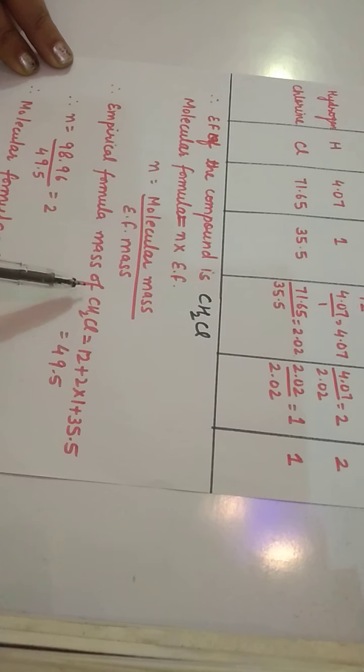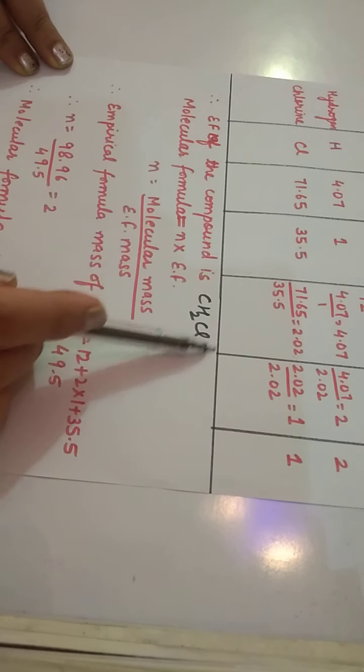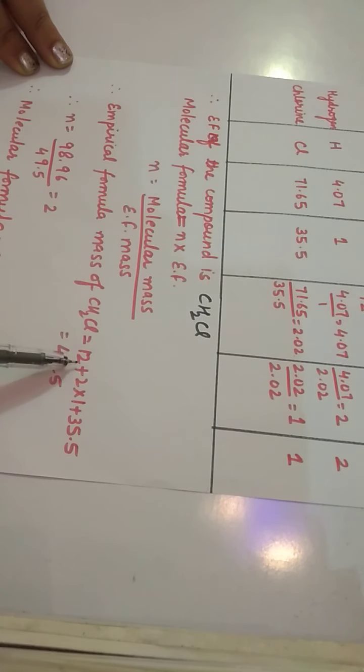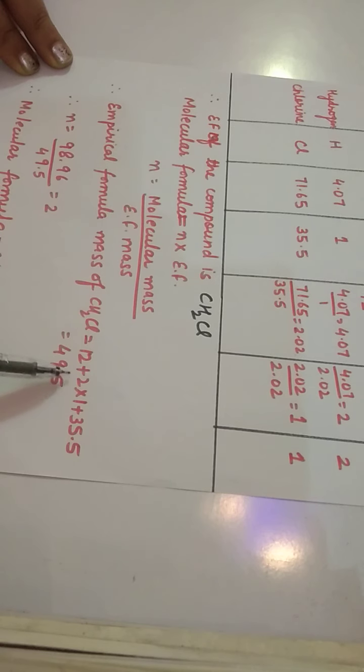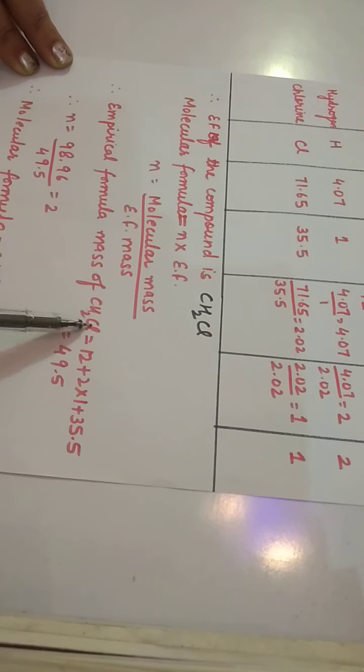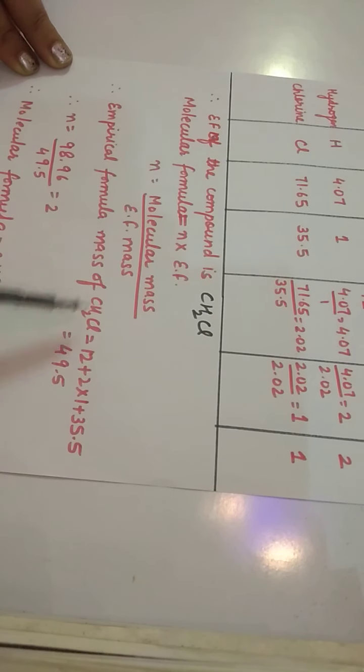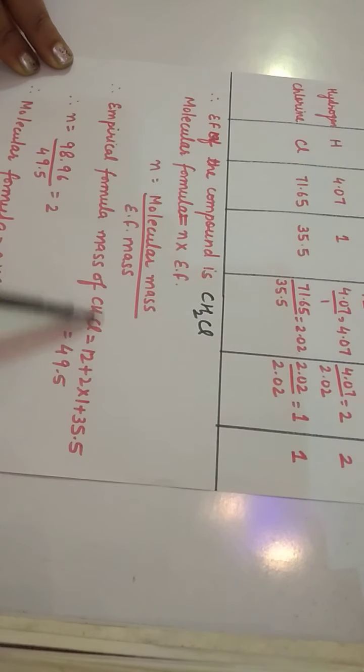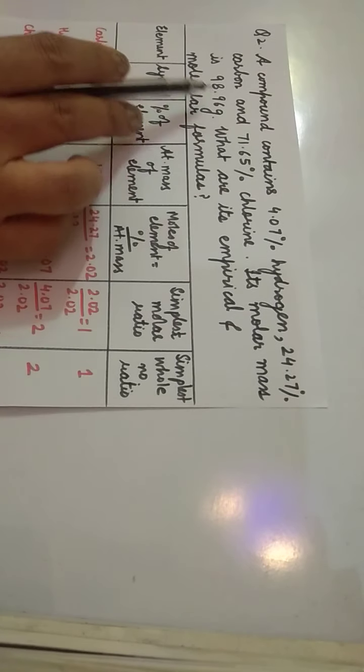So empirical formula mass of CH2Cl is equal to, for carbon atomic mass 12, plus for hydrogen atomic mass 1 into 2, plus for chlorine atomic mass 35.5. So the empirical formula mass of CH2Cl is 49.5.